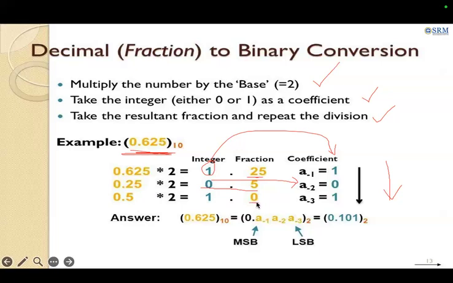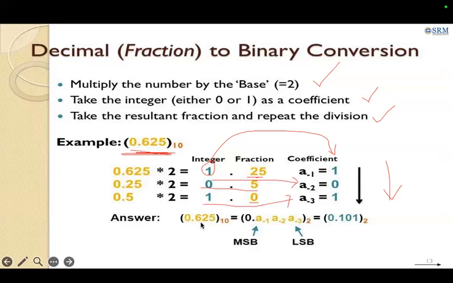If you never get a fraction of 0, you can continue for 4 or 5 steps, then stop there. So you can stop here.